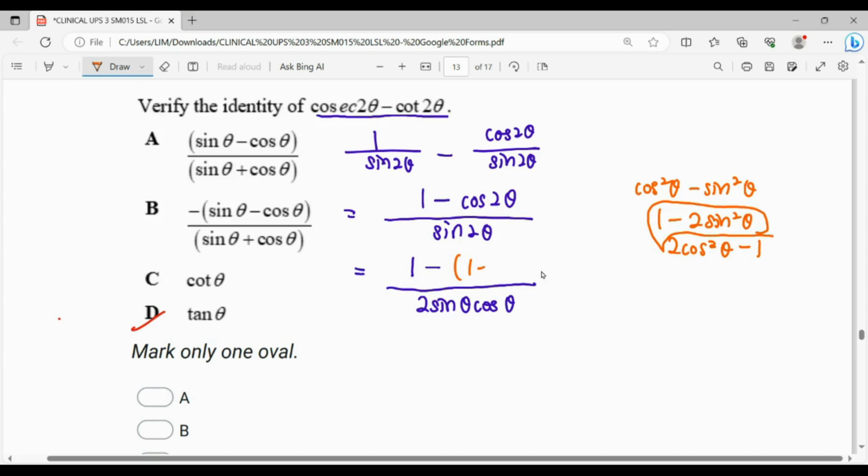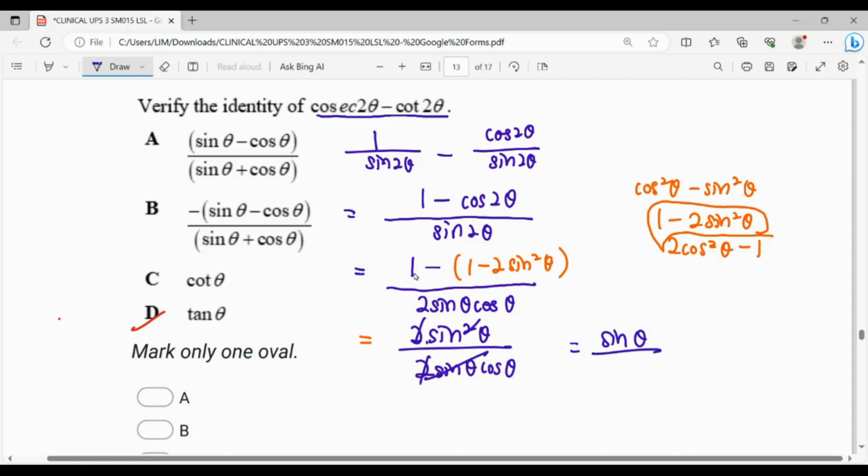So 1 minus 2 sine square theta: 1 minus 1 simplifies, and negative negative becomes positive, giving 2 sine square theta over 2 sine theta cos theta. The 2 over 2 cancels, sine square over sine, so lastly only sine theta over cos theta, which equals tangent theta.